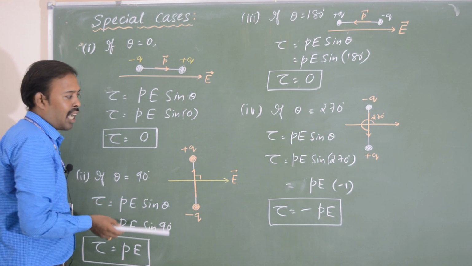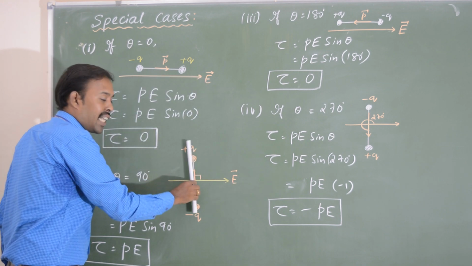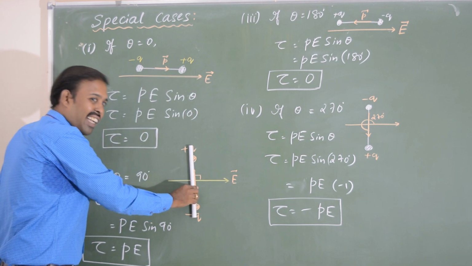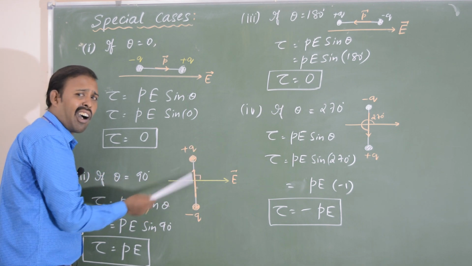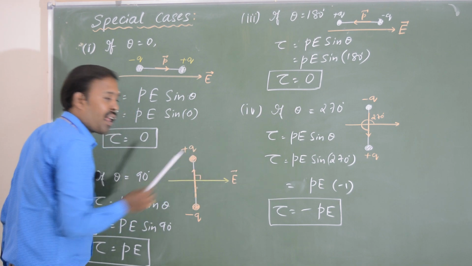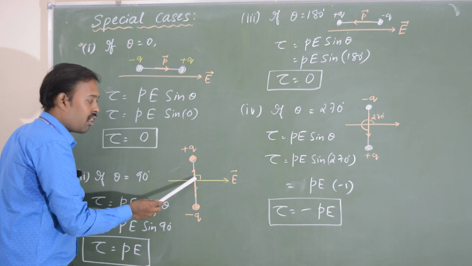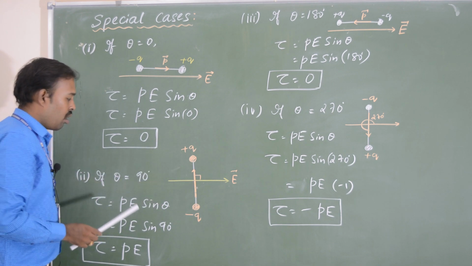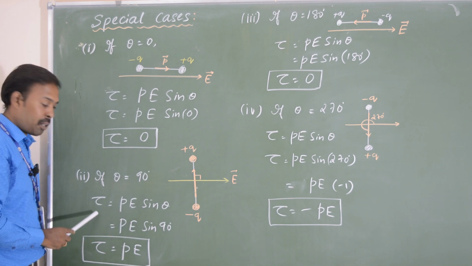Then the dipole is normal or perpendicular to the direction of electric field. Then what is the angle between the dipole and electric field now? 90 degree. So I will substitute this 90 degree in the expression of torque.